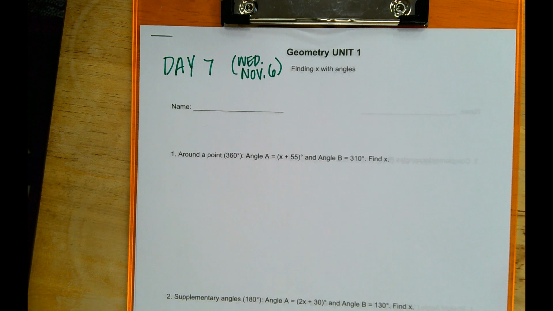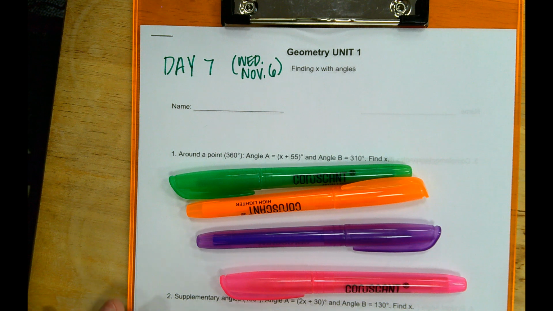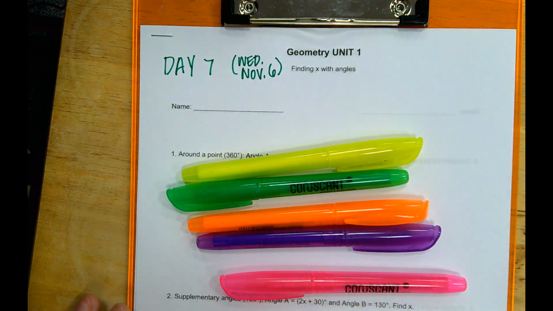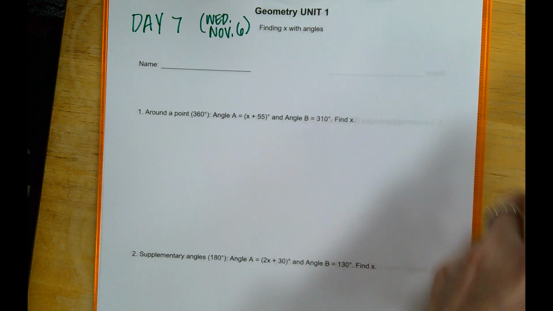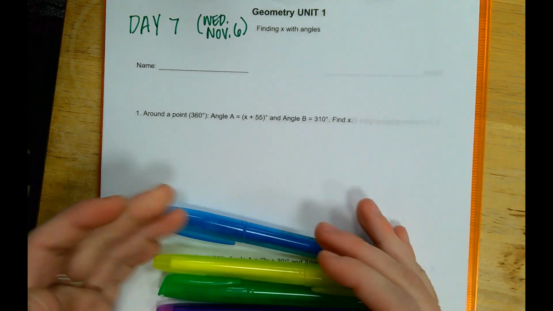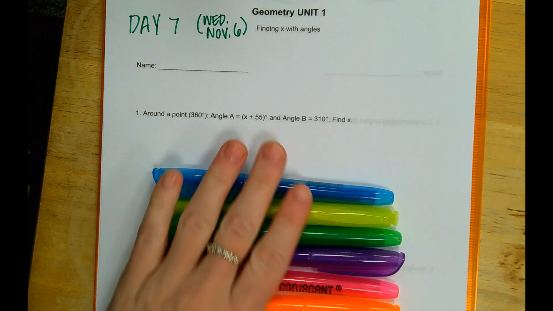So let's see. I'm going to get all these colors and decide what kind of problem gets what color. We'll see what happens as we go. Do you have all those colors?